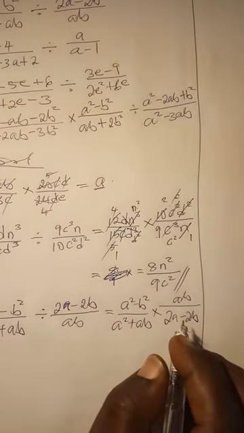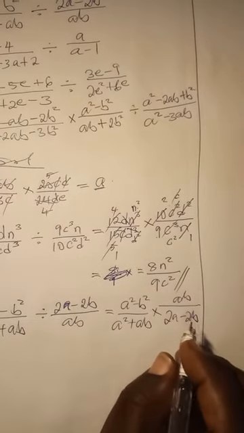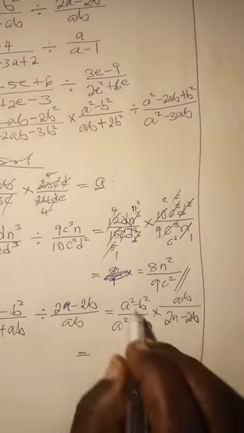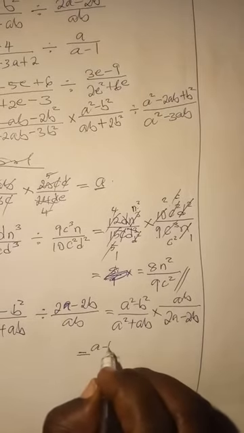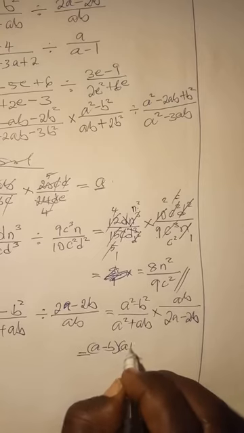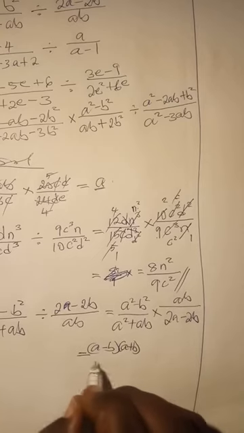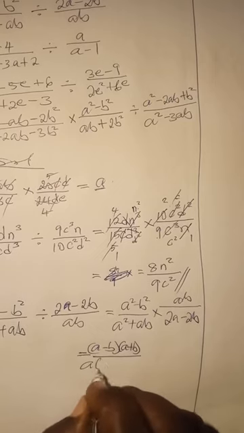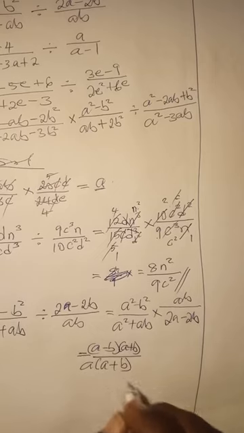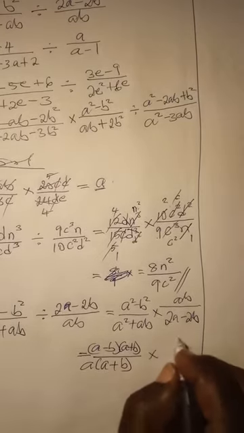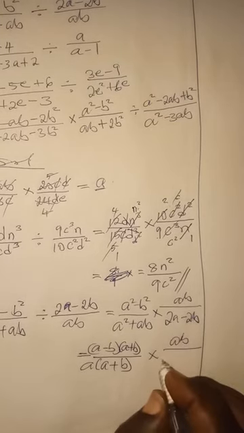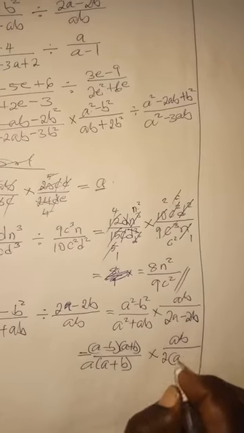Now I can factorize so I can see factors that can cancel out. This is simply the difference of two squares, a minus b times a plus b, over a, bracket a plus b, times ab over here, where 2 can factor out, 2 bracket a minus b.